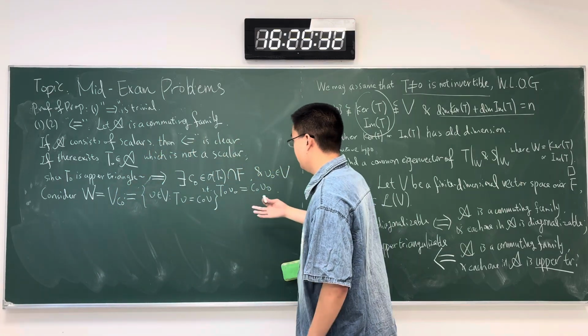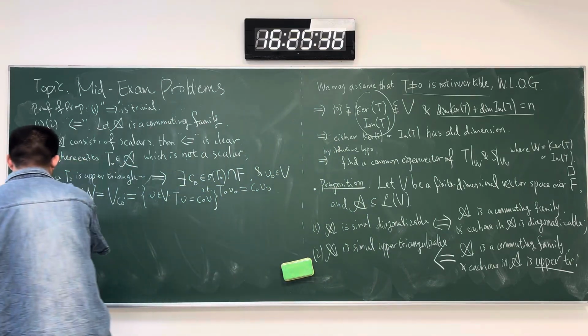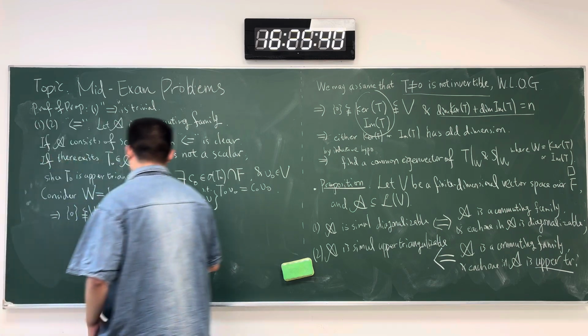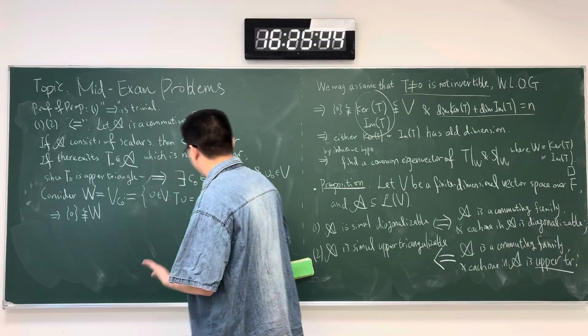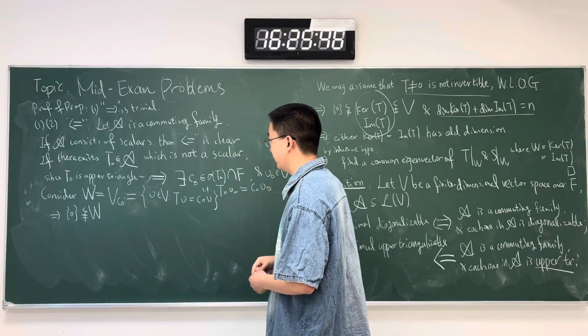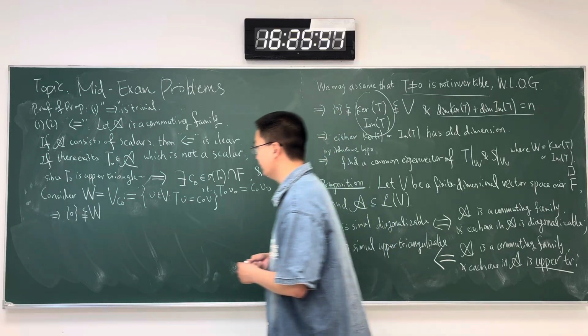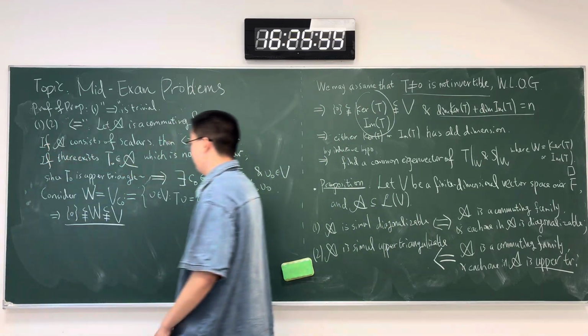So this simply means that W is not a zero space, since it does have an eigenvector here. And since T0 has at least 2 different eigenvalues, W is not the whole space.